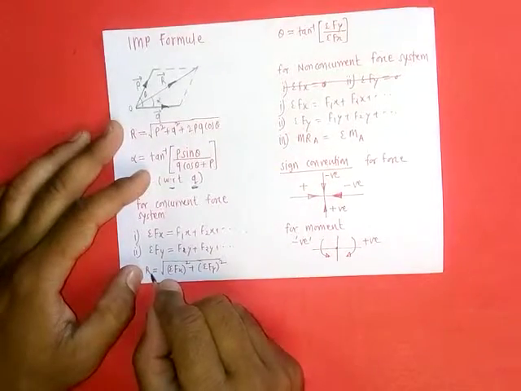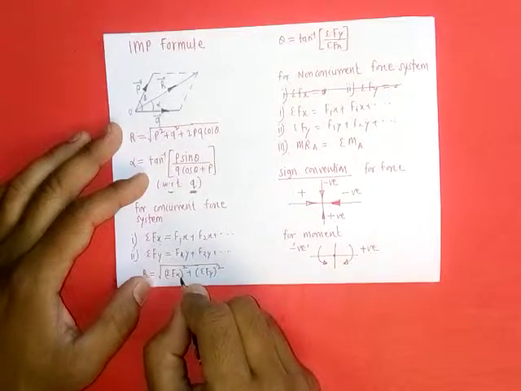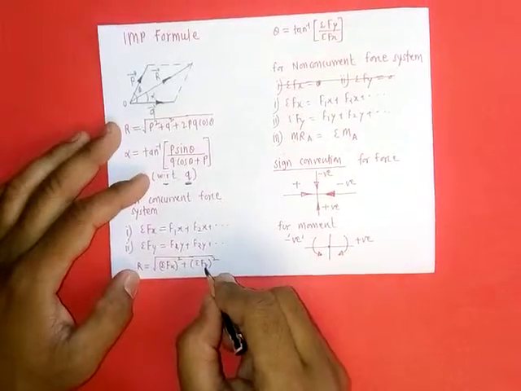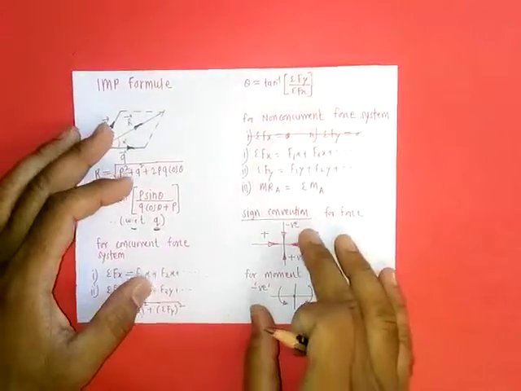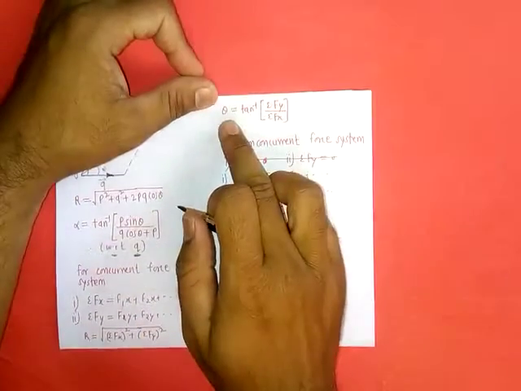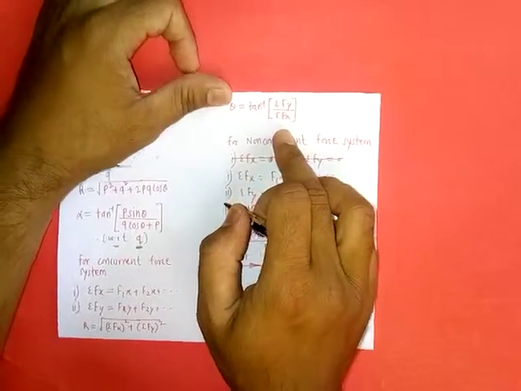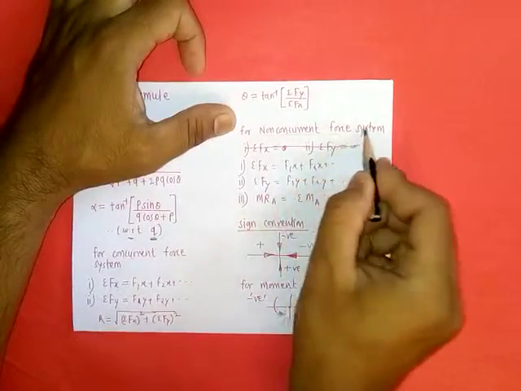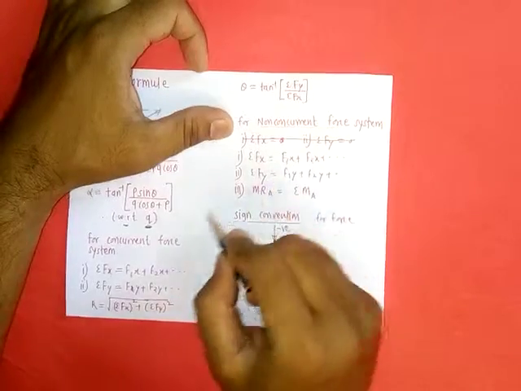Then the resultant is given by the square root of summation Fx square plus summation Fy square. Then theta, the angle made by this resultant with respect to horizontal, is given by tan inverse of summation Fy upon summation Fx.